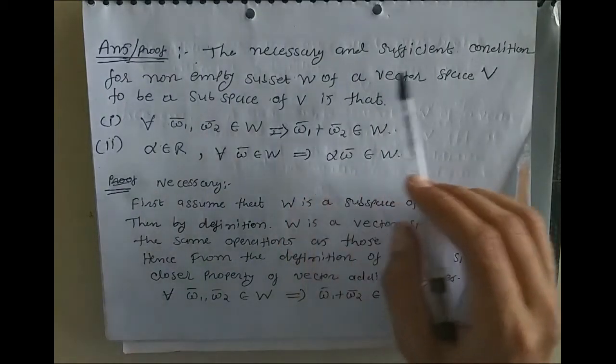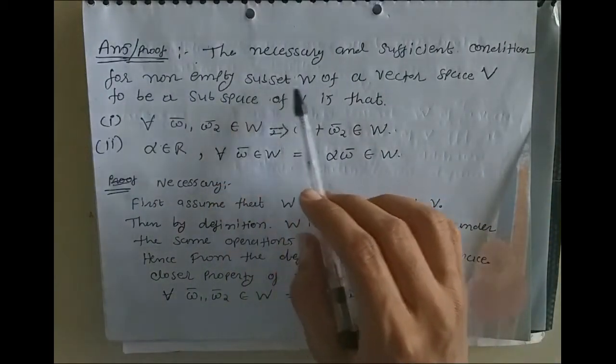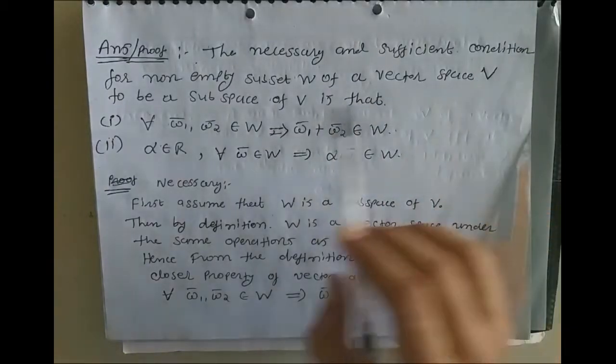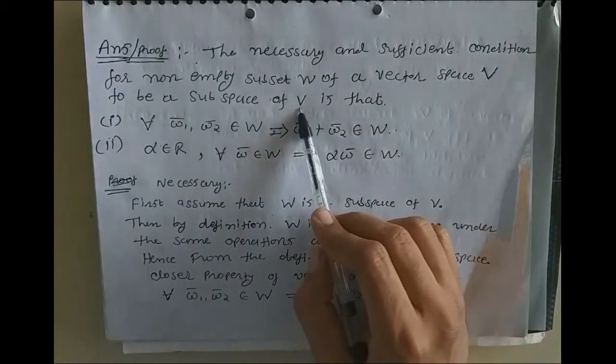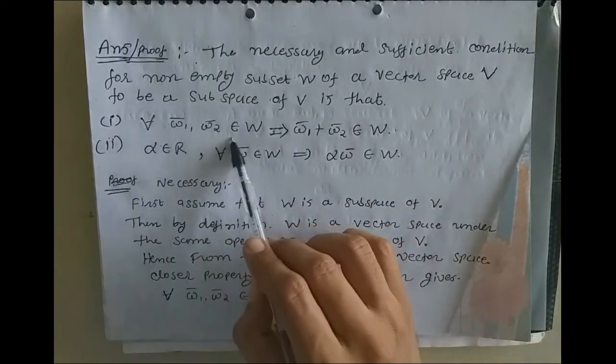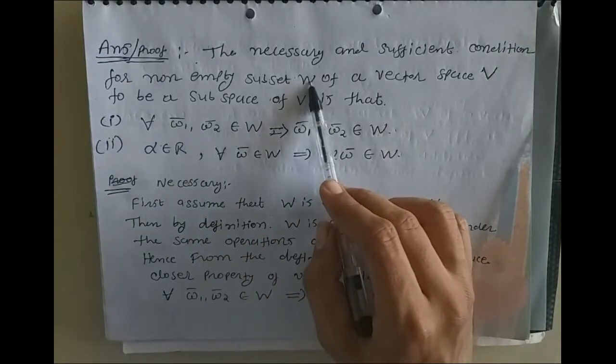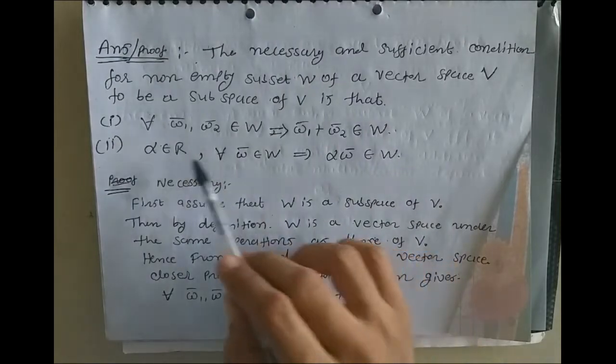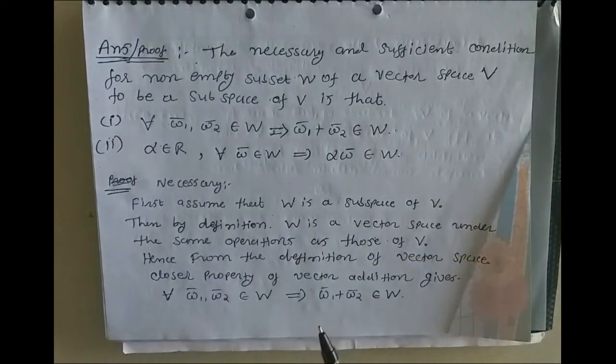So the necessary and sufficient condition is that W is closed under vector addition, the first condition, and W is closed under scalar multiplication, the second condition.